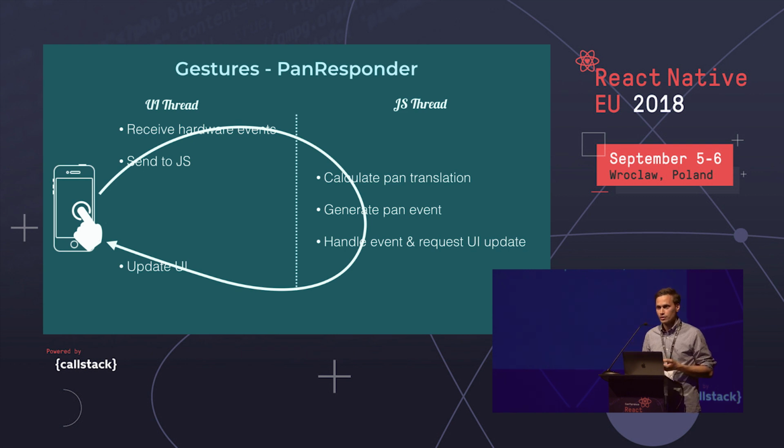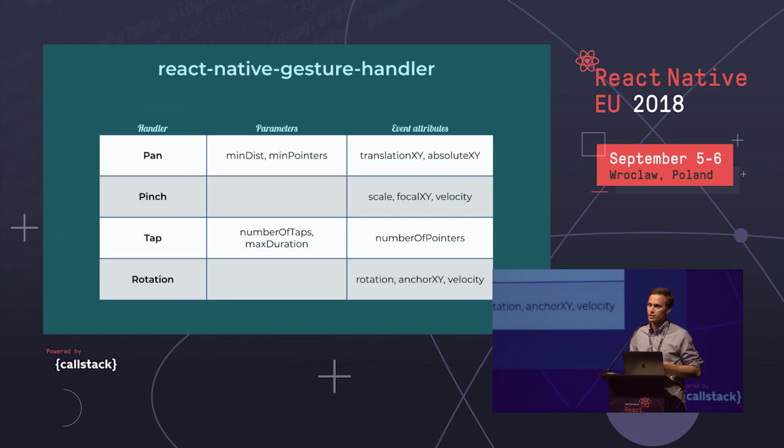So we can solve it in a similar way, that is, try to move the responsibilities that are on the JavaScript side and run this logic in the UI thread, but leave a declarative API that will allow us to control this logic that runs on UI. And that's essentially what React Native Gesture Handler was about. With React Native Gesture Handler, we have a bunch of different components.